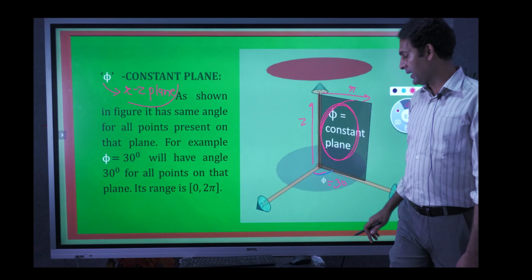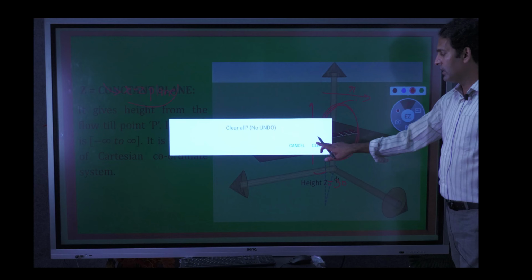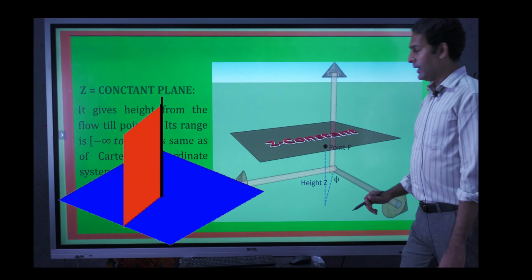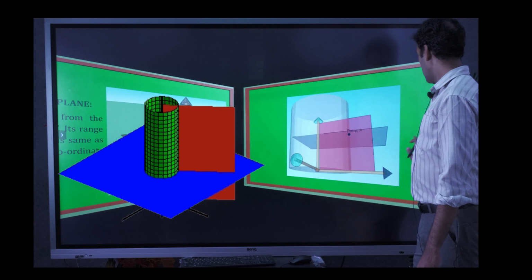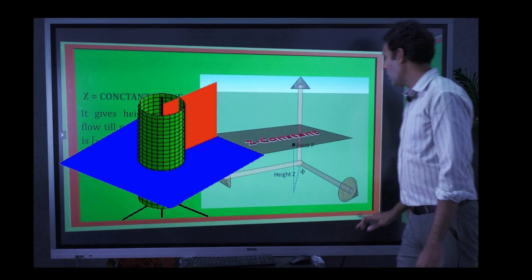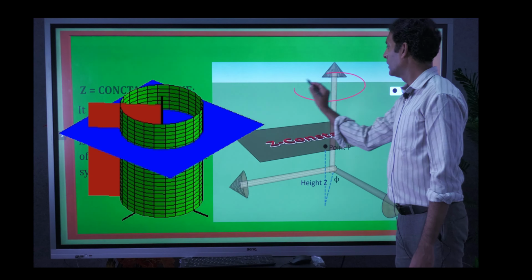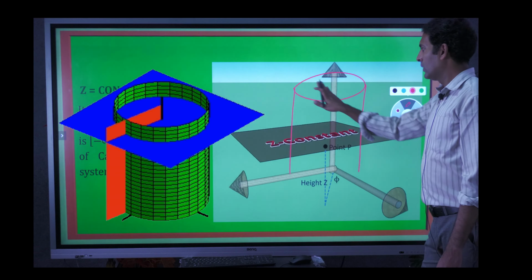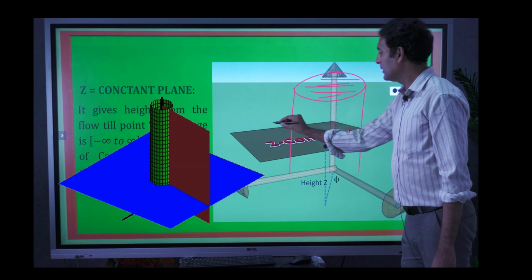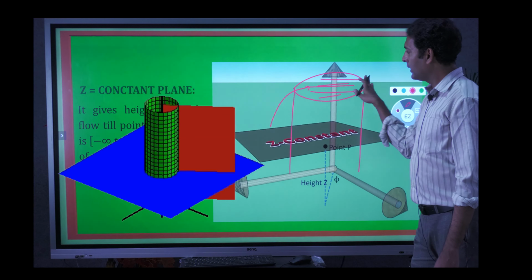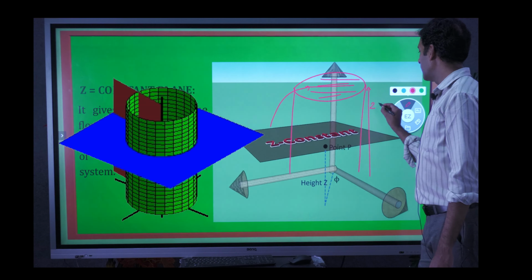The third component is z. So the third constant plane will be the z constant plane, which will be similar to the Cartesian coordinate system. So when we talk about a cylinder, say we have one cylinder, what is there at the top and bottom? There is a simple plane with some height. Say this is the cylinder. Now this top plate means this plane. This plane resembles this plane. So here all the values of z are the same. Suppose this height is 20 meters.